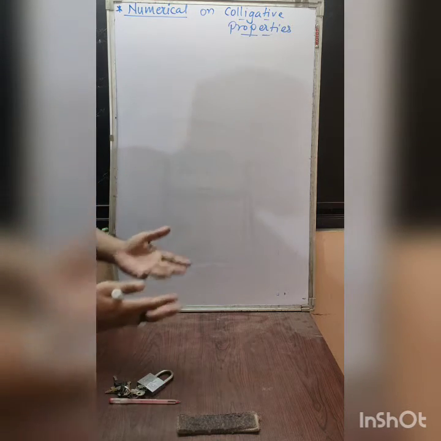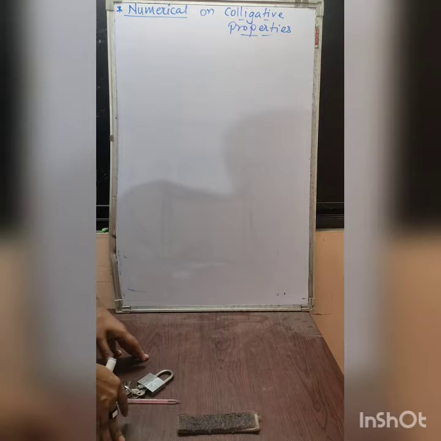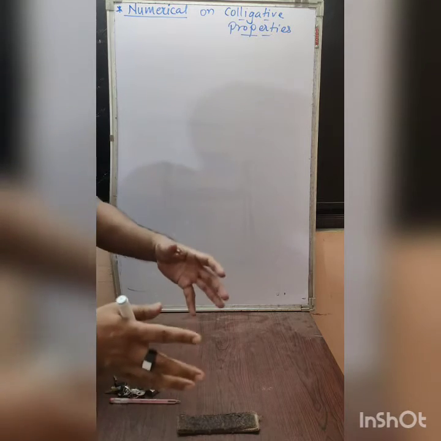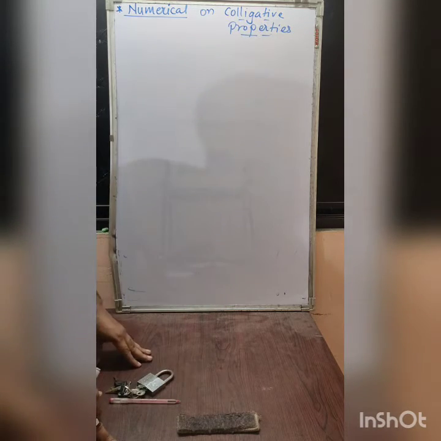Before going to the numerical part, we should first know the formula used for each colligative property.